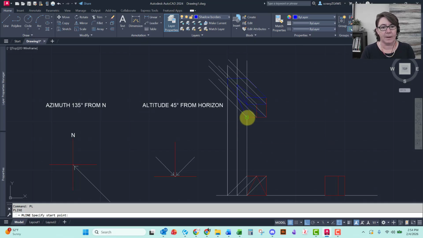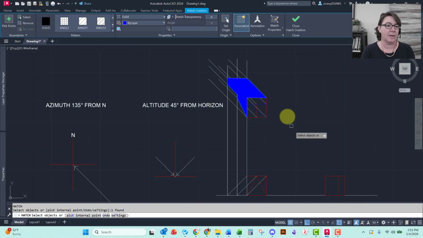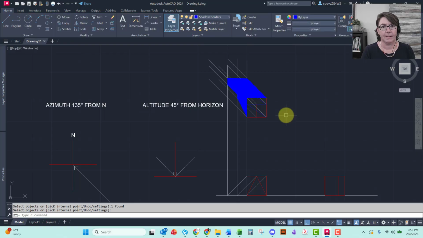All right, it's going to start here, connect, connect. All right. And so this is what that shadow is going to look like. Okay. But we're not quite done.